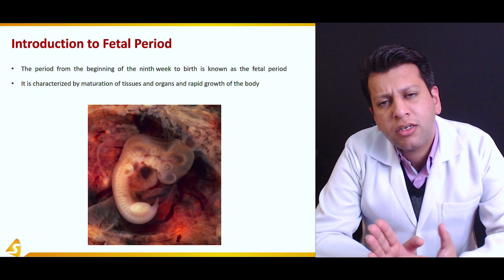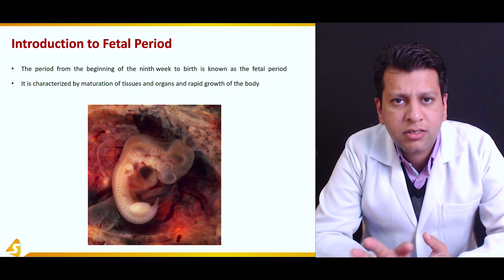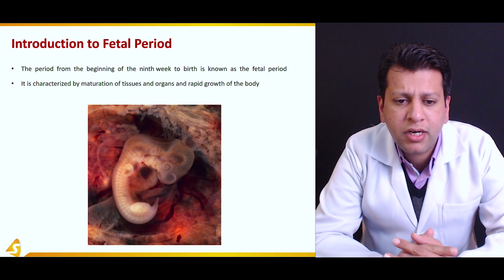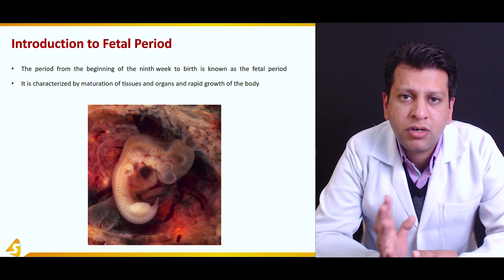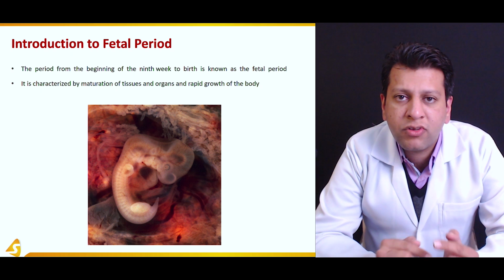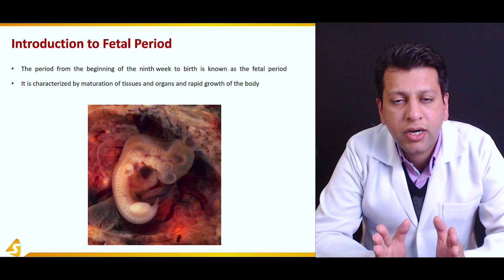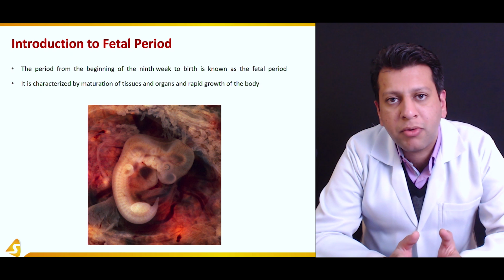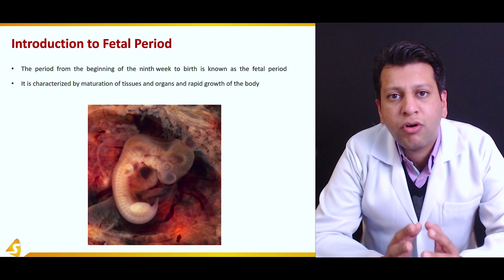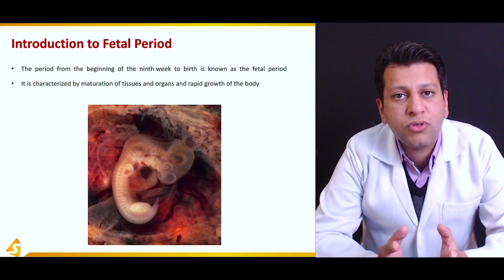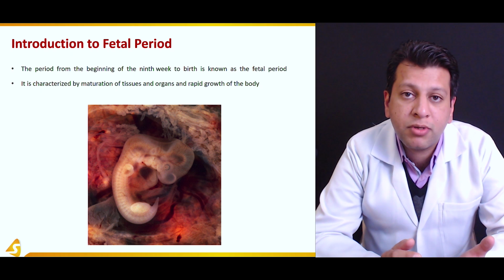Although the most rapid growth occurs in the last 2 to 3 months of the fetal period, initially there is only growth and differentiation of the organs and maturation of the tissues which have already been formed in the embryonic period.